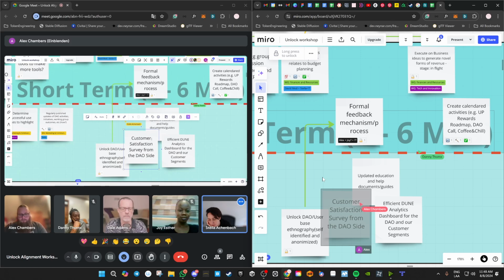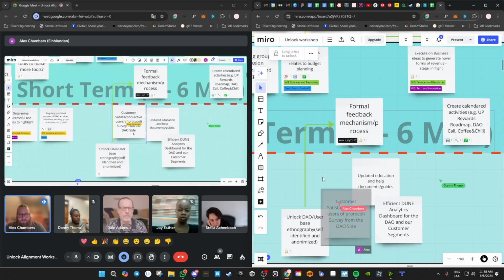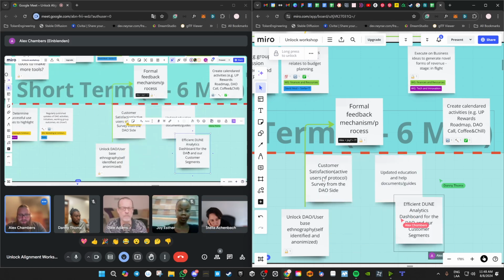So not users of the protocol, essentially. Active users of the protocol, be it builders or creators, but users of the protocol is probably the most correct term. That makes sense. So that's definitely related, which is probably why I had something like that.